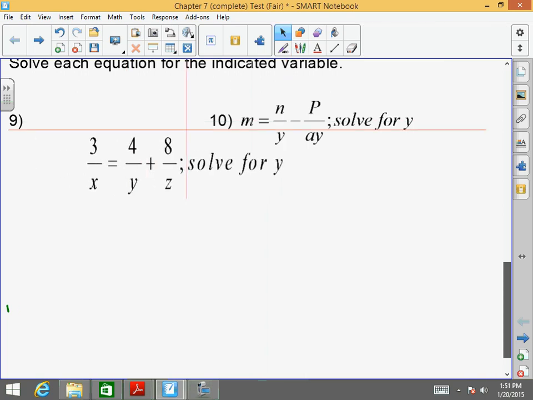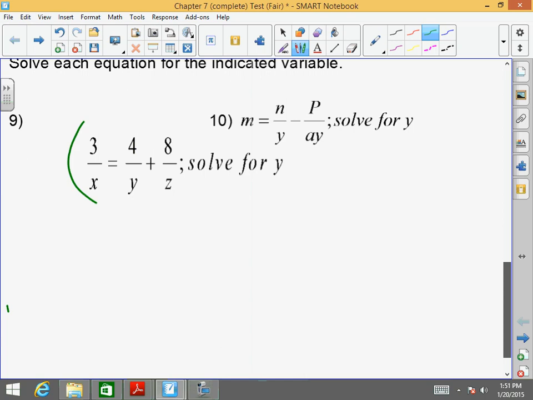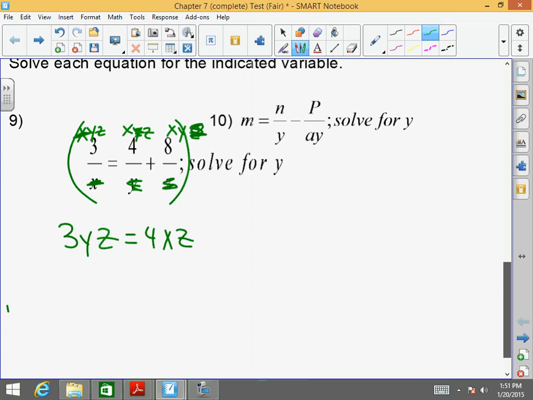So I'm going to multiply every single term by x, y, z. Every single term by x, y, z. Good job, my brother. The LCD. The x's cancel here, so I got 3yz equals. The y's cancel here, so I've got 4xz. The z's cancel here, so I've got plus 8xy.